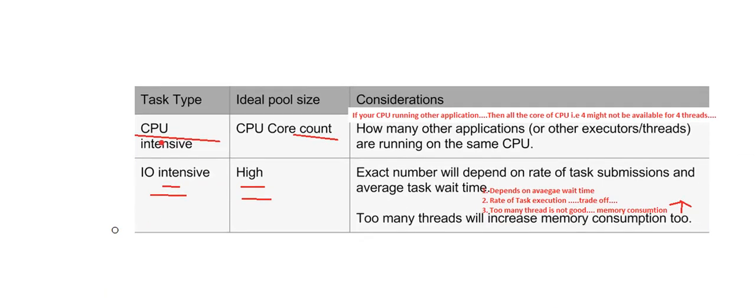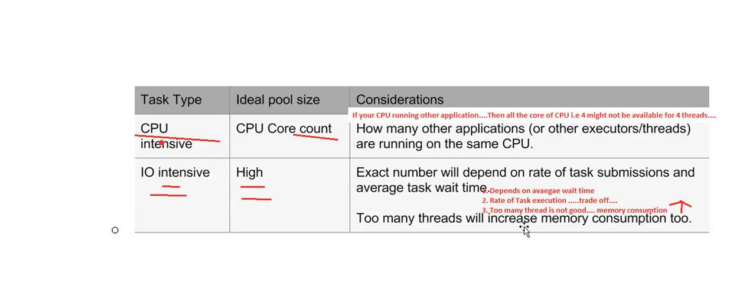The thing is, for a CPU intensive task type, the thread count is according to the CPU core count, so I use Runtime getRuntime availableProcessors. But the catch is how many other applications' executors are running on the same CPU. For IO intensive tasks, it depends on the average waiting time and the rate of task execution, a trade-off.